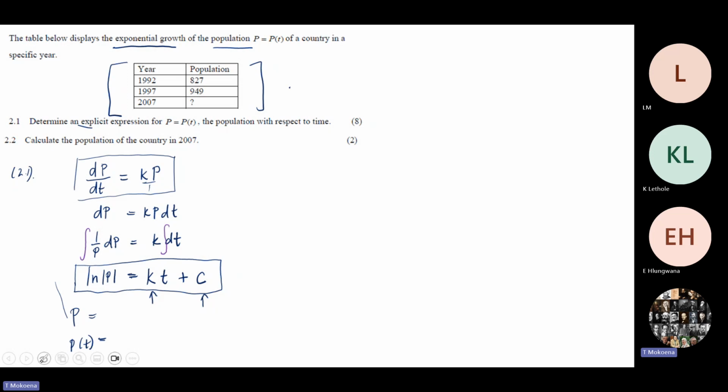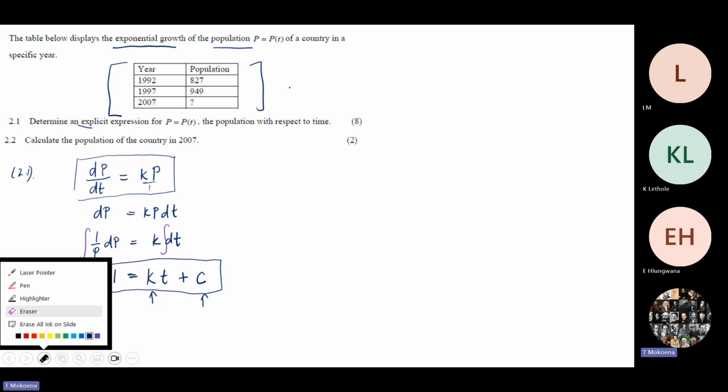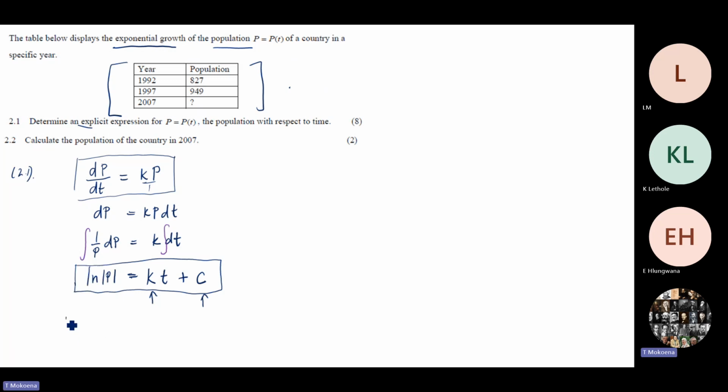So our P initial, which is at T equals zero. Remember, T is time, and we represent it in terms of years. In this case, our T was 0 because it was the initial. When time was 0, our population was how much? It was 8.